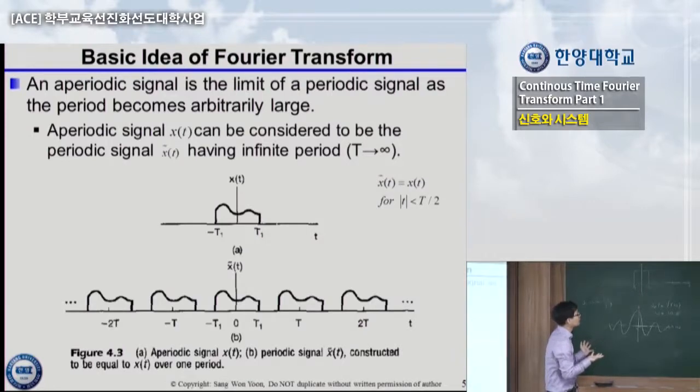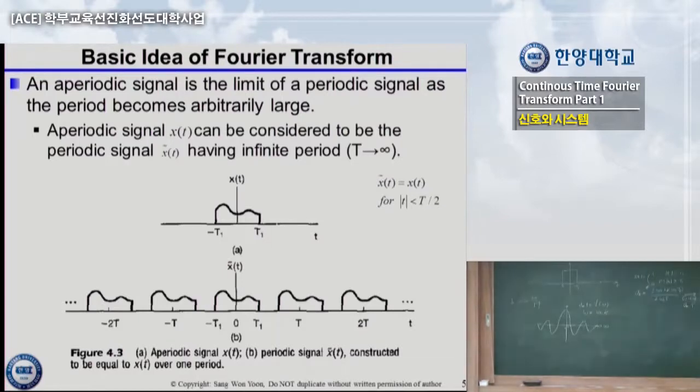What I'm saying here is, like this graph: if you have a periodic signal having a certain shape, and you make the period infinite, then it will look like this. There will be a one-time signal, which is an aperiodic signal.